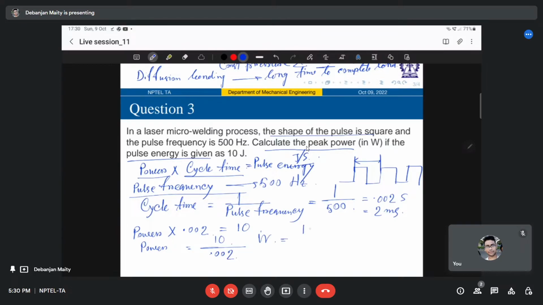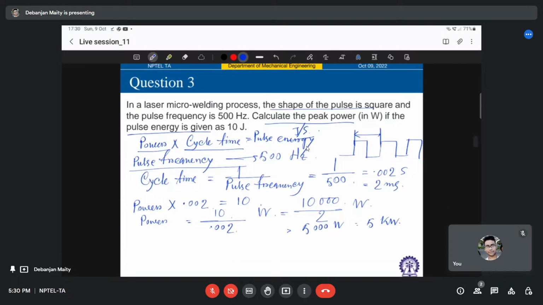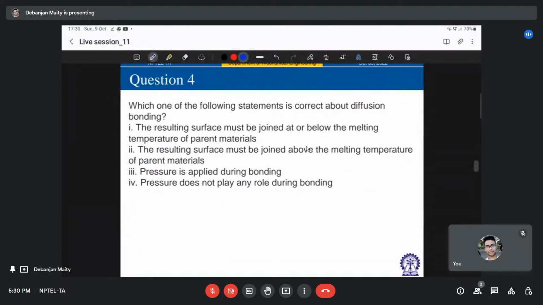So 10 by 0.002 is 5,000 watt, which will be equal to 5 kilowatt. There should not be any confusion, I hope, right? Let's move to the next question.